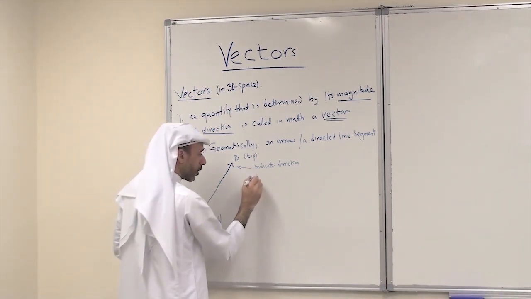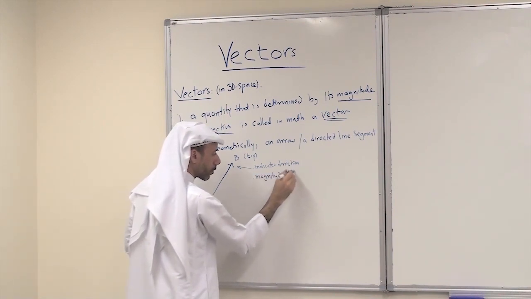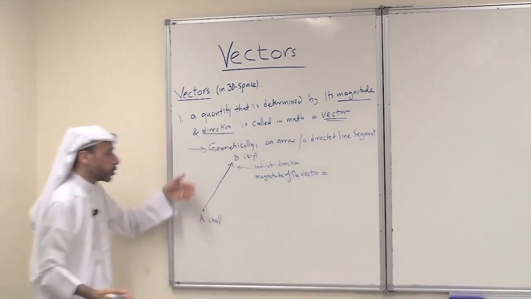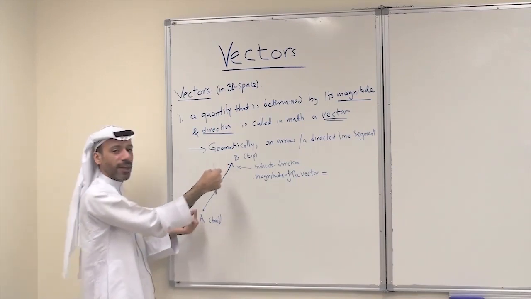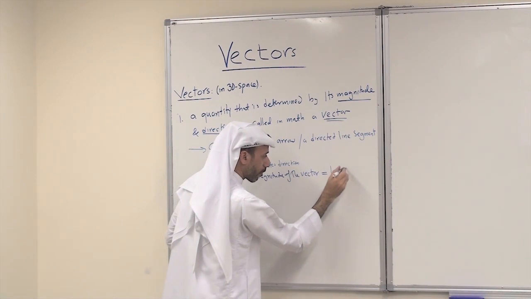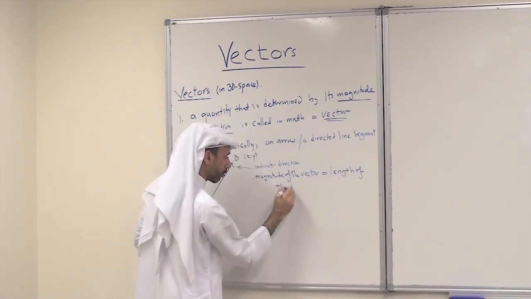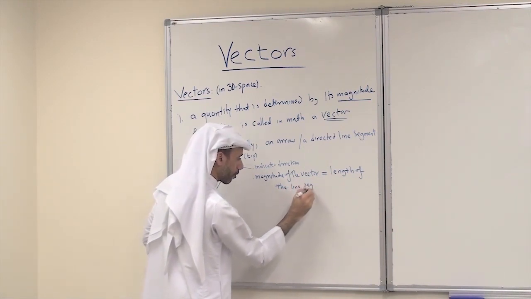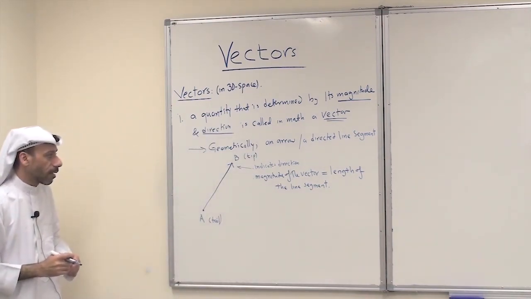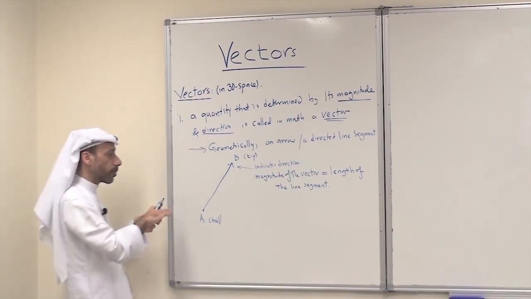Now the magnitude of the vector is represented geometrically by the length of the line segment or of the arrow. Now here the direction goes from A to B.